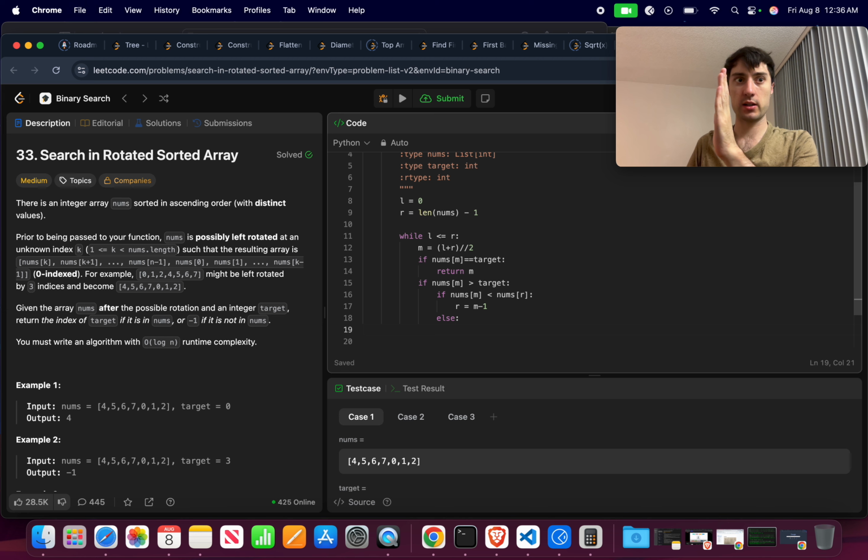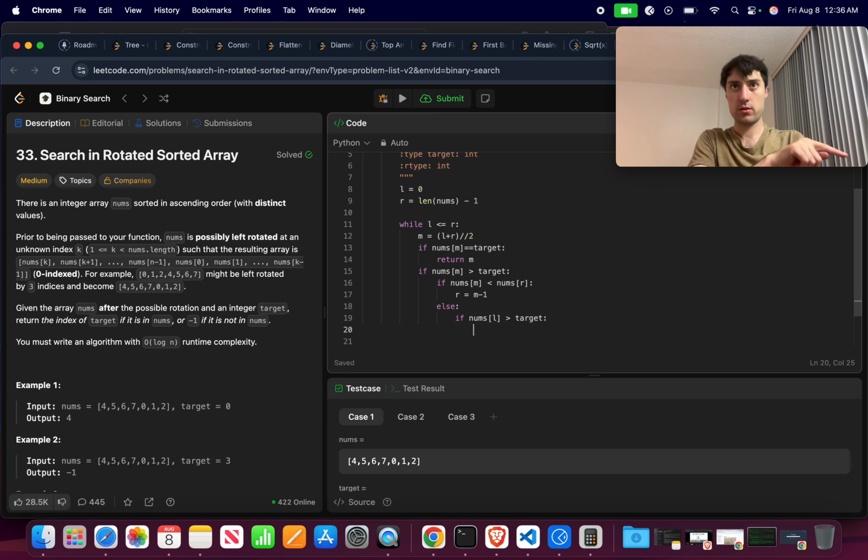So I need to check if my leftmost is greater or smaller than the target, right? So if nums of my ending point is greater than target, that means that I need the interval that does have the pivot in it.